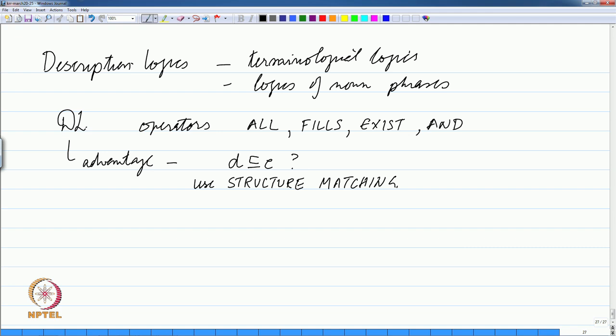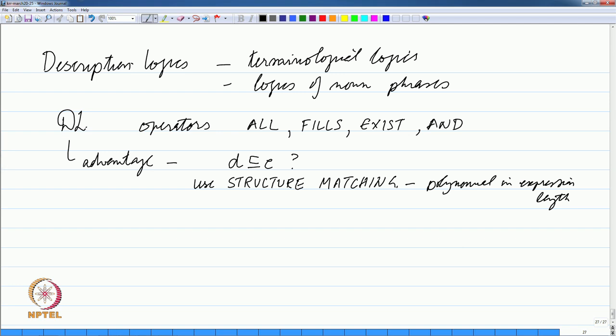And this we saw was polynomial in the expression length. So, you did not have to search the entire knowledge base to try to establish this fact essentially.